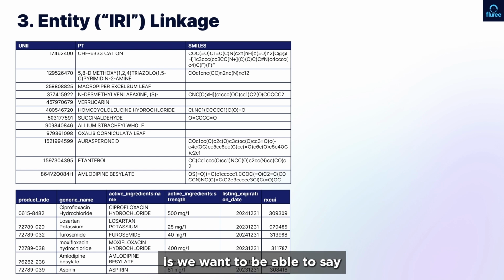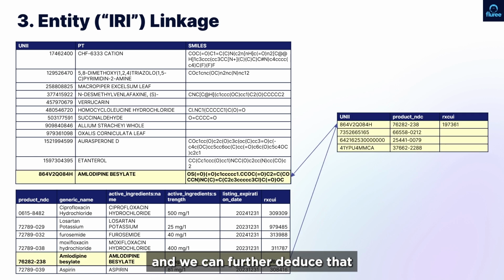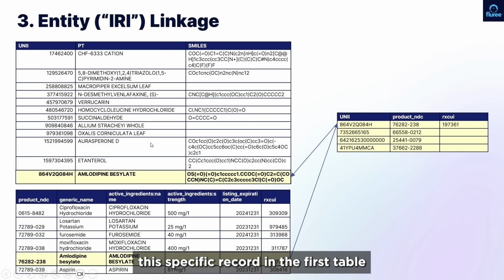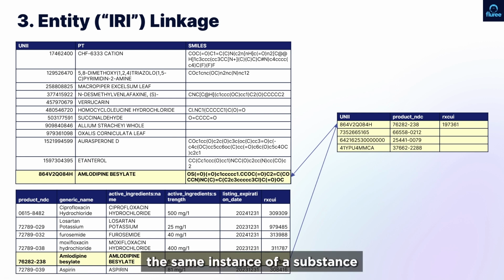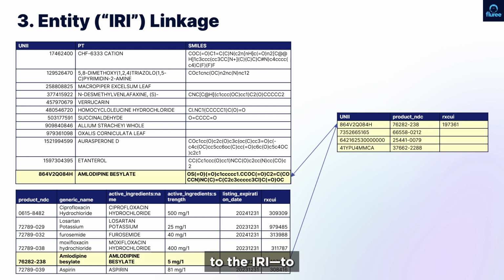What we want to be able to say is, if we can deduce or infer that both of these tables contain substance information, and we can further deduce that this specific record in the first table is describing the same instance of a substance as the second to last record of the second table below it, then we can teach machines how to connect the dots and link all of these different IDs from each of the different sources to the IRI, the one international resource identifier.